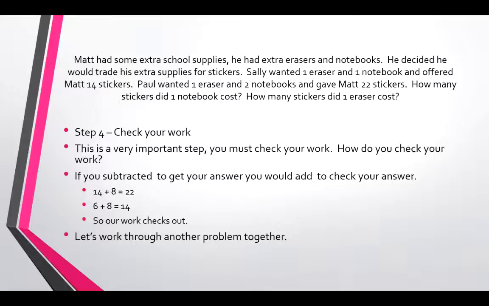And if we take the cost of an eraser and the cost of a notebook, which is 6 and 8, it gives us 14, which is exactly how much Sally paid. So yes, our work checks out.